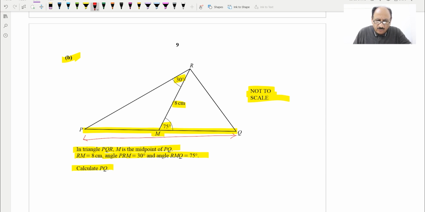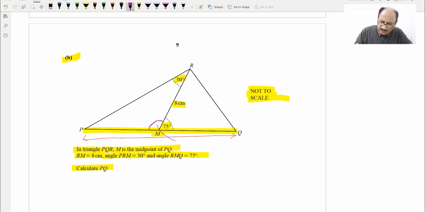So how will we be finding this? First of all, RM is given, and we need to find PM. So PM over sine of 30 will be equal to 8 over sine of, okay, we can find this angle first.